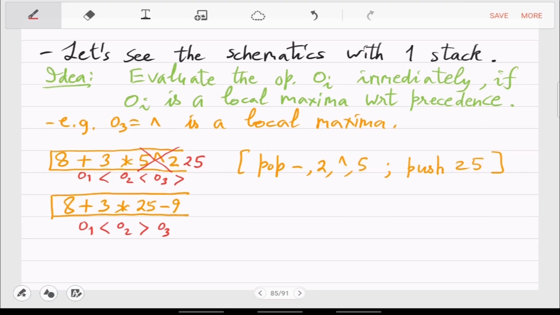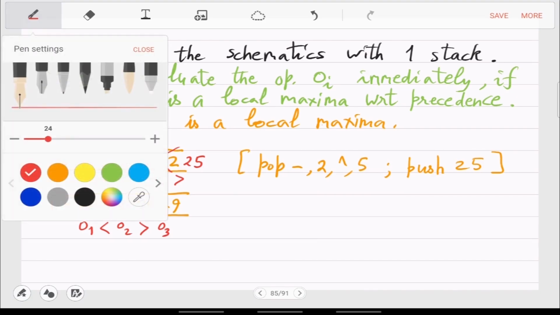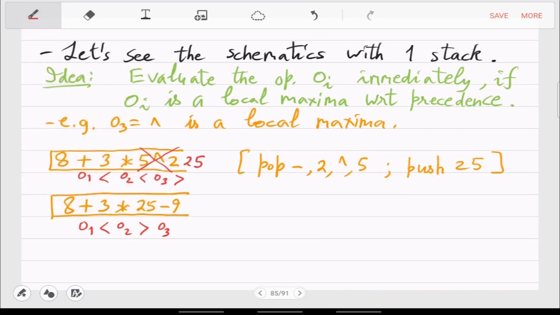And now I see that this star is a local maxima. So I should do that calculation immediately, just locally, without involving 8 or 9. Right? So this whole thing will be replaced by what? 75, just do the multiplication, so you'll get 75 here. 3 times 25.